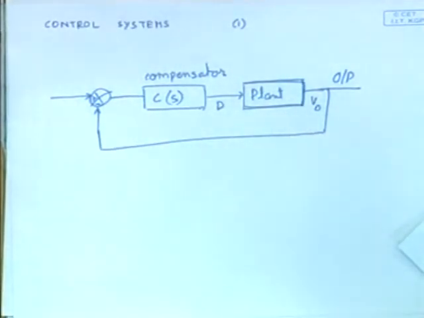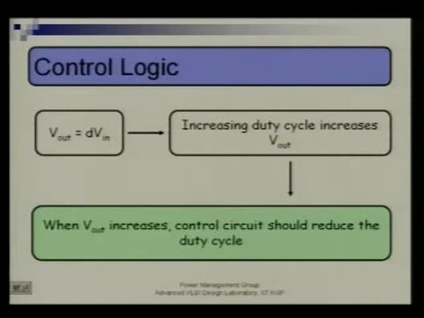Now what does the controller do? When V out increases, that means we want to keep V out at a fixed level. So when V out increases, what should we do? The control circuit should reduce the duty cycle, because reducing duty cycle will reduce V out. Now don't get confused with the hen and egg problem. It's not like that. Just consider the causality.